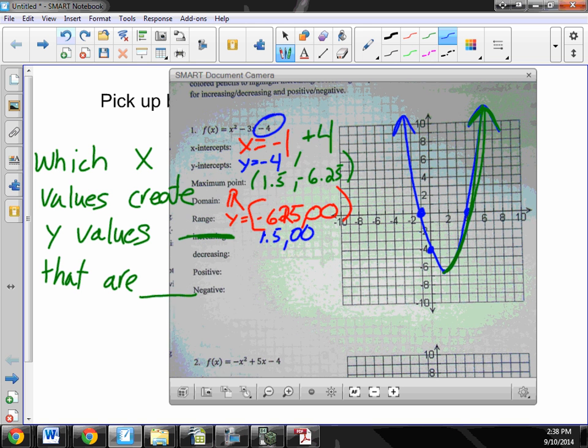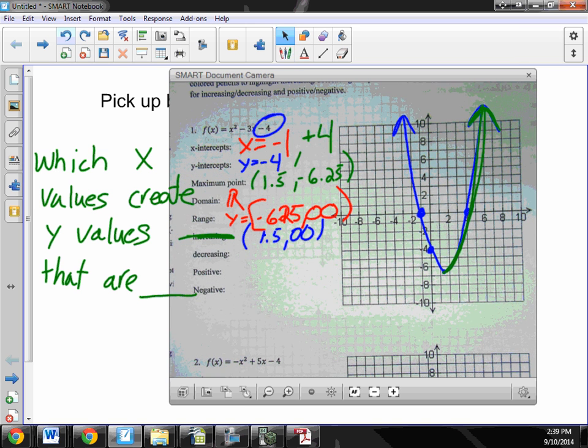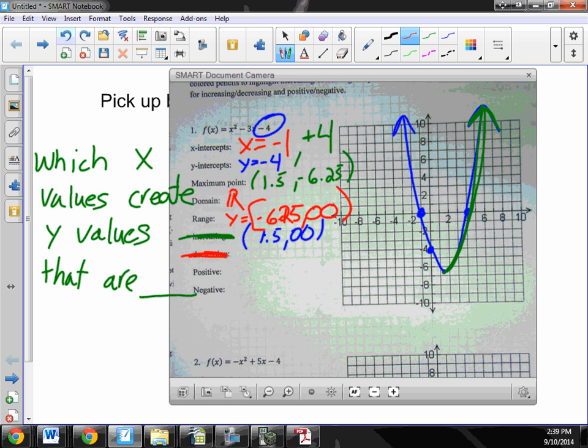Is 1.5 actually aimed up? No. Is it aimed down? No. 1.5 is level. That is the only level spot on the whole graph. Okay. What about infinity? Is it included? No. Okay. So then we get a different color and we do decreasing. This is the decreasing portion.